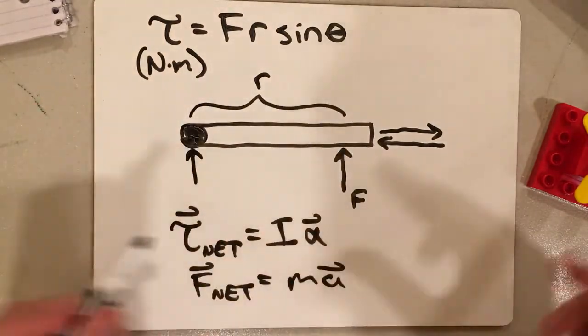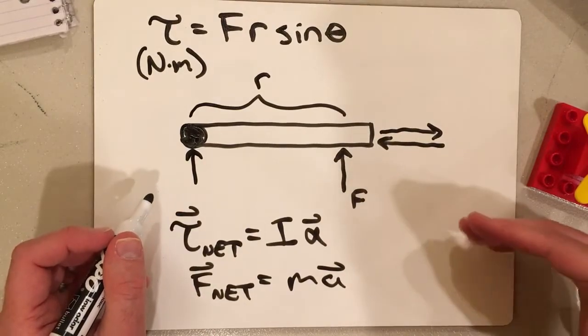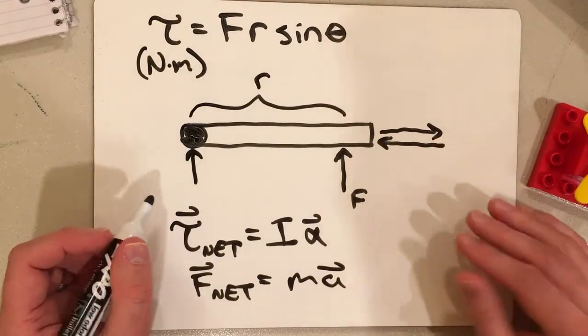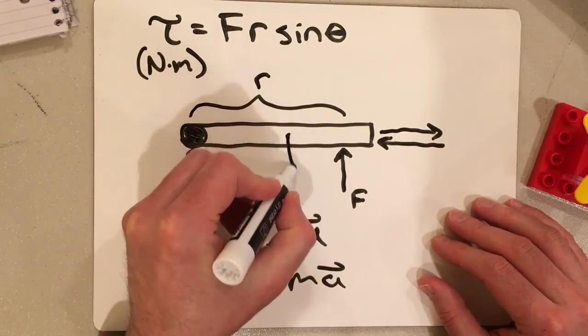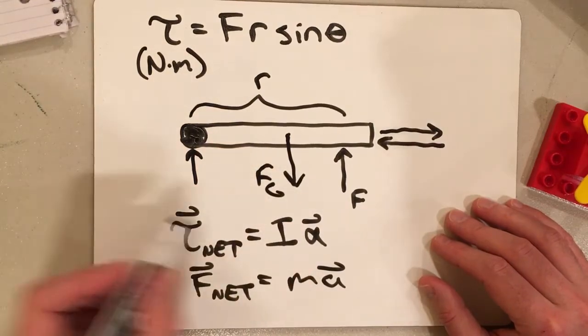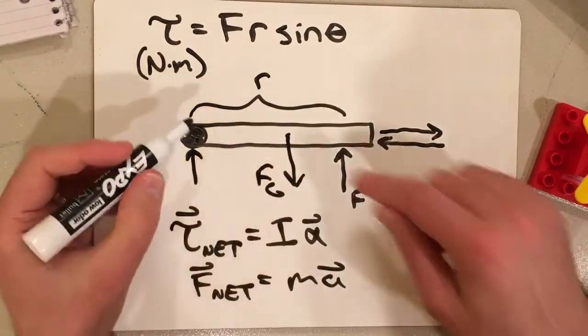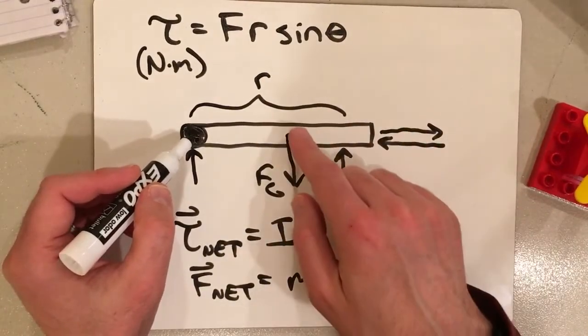The thing I need to mention is that for gravity, we always treat it as pulling from the center of the object. So here, the center of the object is right there. That would be where F sub g is acting. And so the lever is from the rotational axis to here, or in other words, halfway.